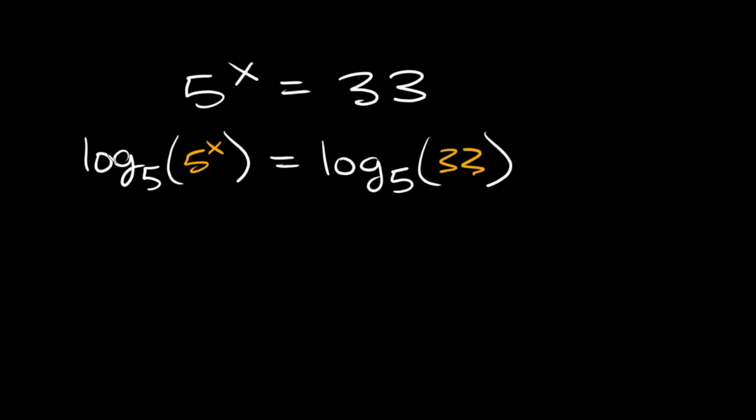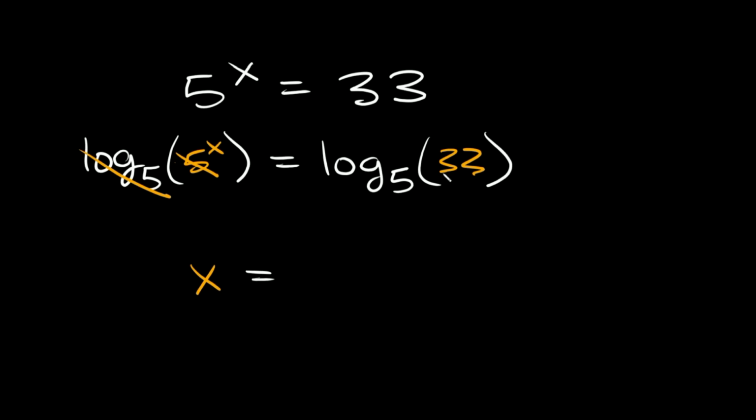So then over here, the log base 5 and the 5 cancel each other out, and then we're just left with whatever's in the exponent, so just an x in this case, right? So we get that x is equal to log base 5 of 33, and you're going to need a calculator to solve that, okay?